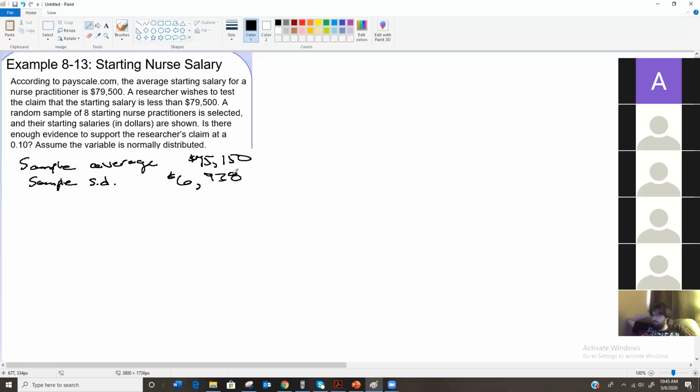Okay. So step 1, hypothesis statements. You go ahead and write what you think those are, because if you know you can start it, then it makes it a lot less daunting to get going.